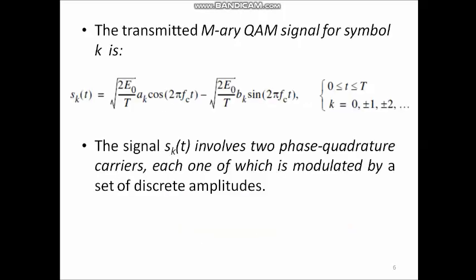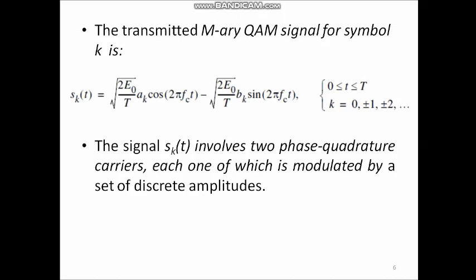Okay, next let us see how to represent the modulated signal in M-ary QAM. The transmitted M-ary QAM signal for symbol k can be written as sk of t equal to root(2E0/T) ak cos 2π fc t minus root(2E0/T) bk sin 2π fc t.